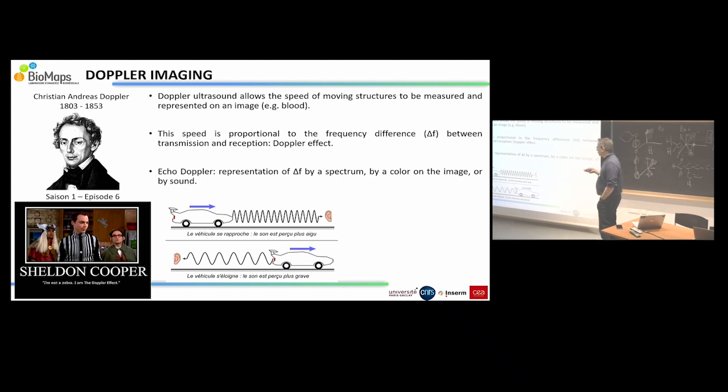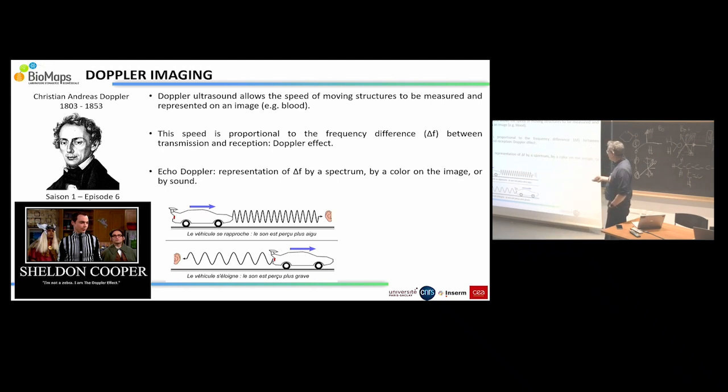The sound it produces is proportional to the frequency difference between the transmission of the sound and the receiver. So when you have a car in the street that goes toward your ear, the frequency becomes higher and higher, so you will hear a high-pitched sound.